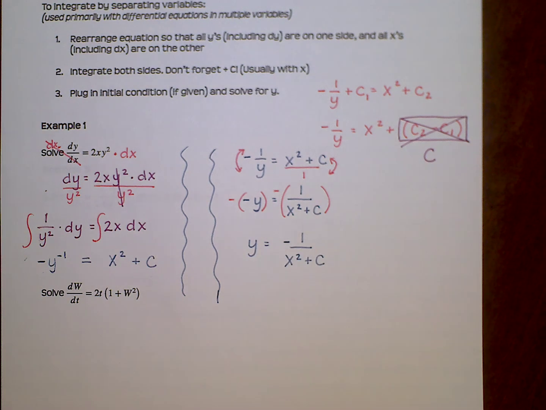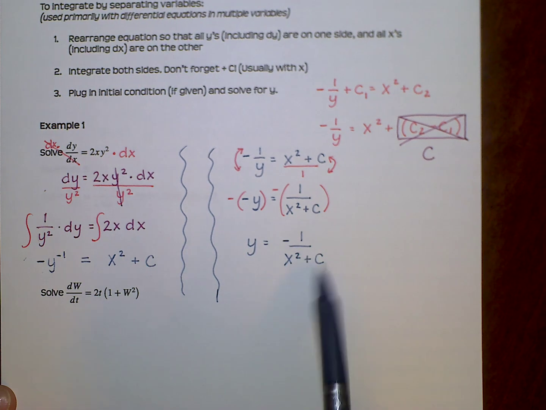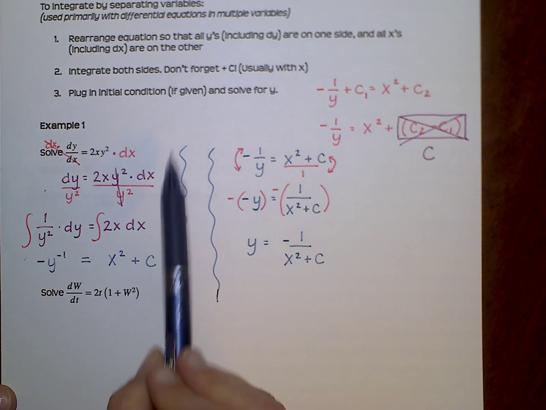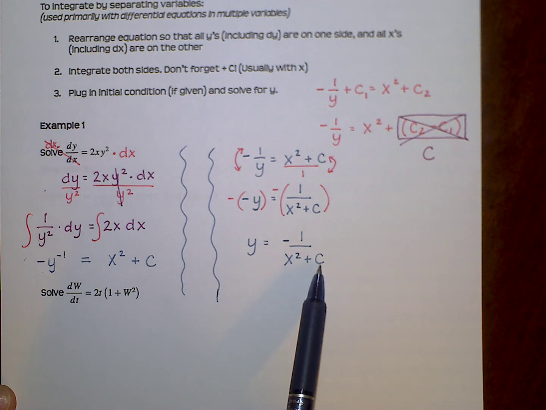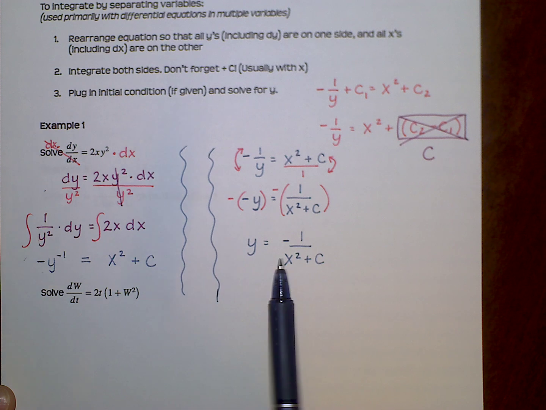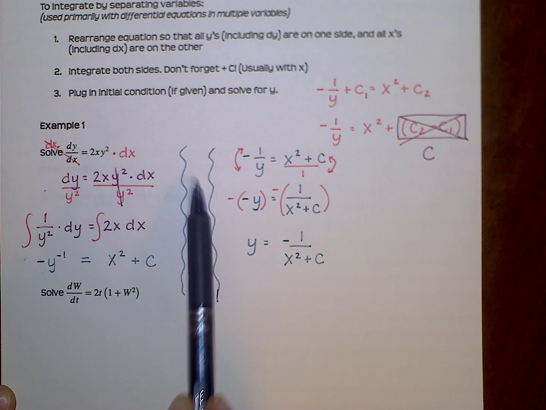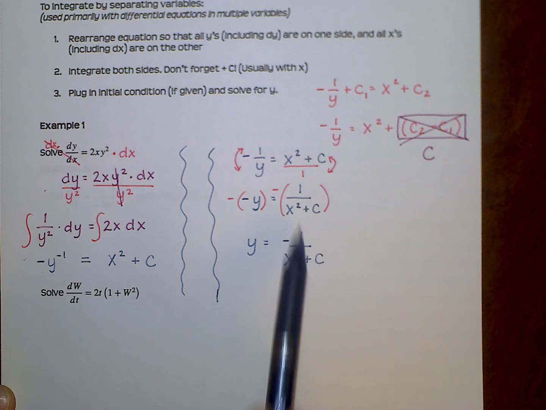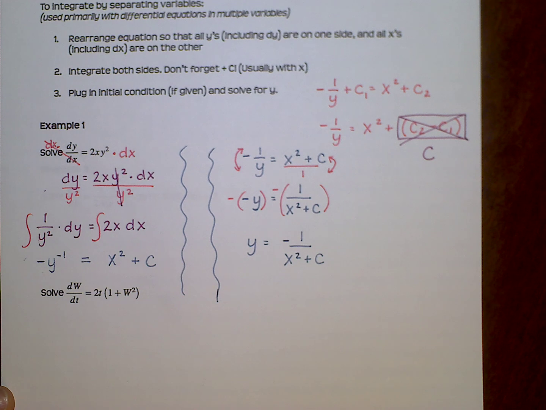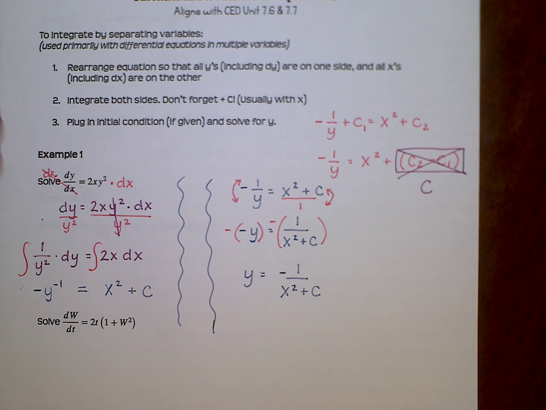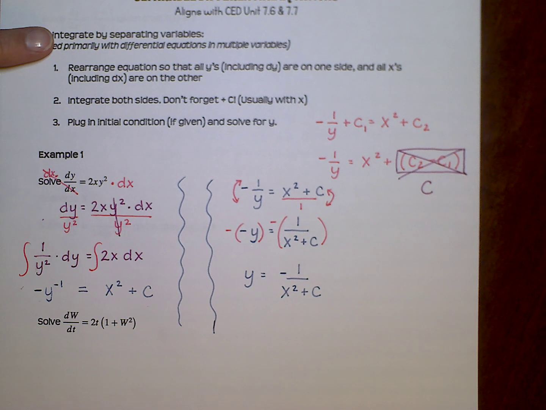And that's my antiderivative. Sometimes I am going to have an initial value, like I mentioned a second ago, where I can figure out what C is. I didn't have that here, so that's what I would normally do here. Then I would have had a number to work with and simplify. But the idea is, if you look at the steps I gave you: rearrange the equation so that all y's are on one side, all x's are on the other.